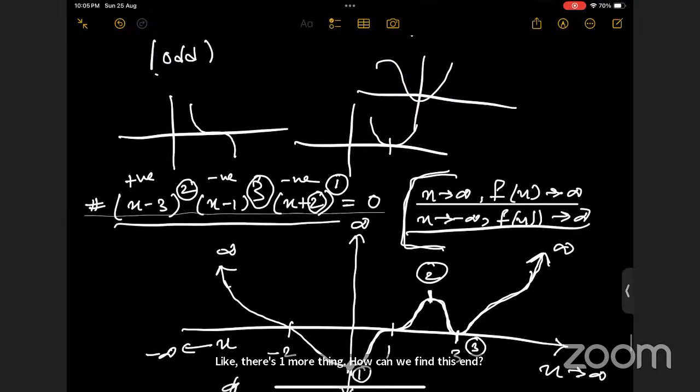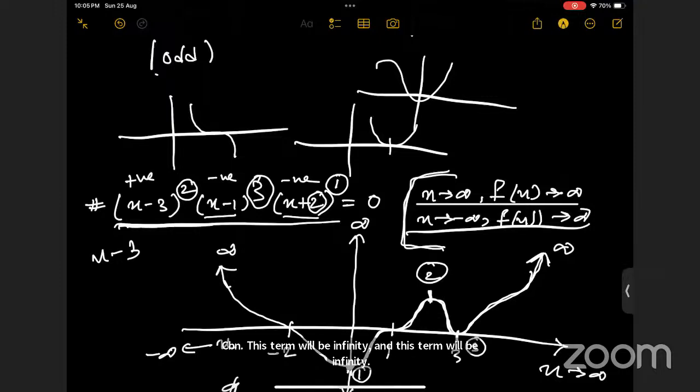Suppose we have the equation. When x is tending to infinity, suppose we simply put infinity instead of x. Then the term x minus 3 will again be infinity. Similarly, this term will be infinity and this term will be infinity. So f(x) will be tending to infinity.